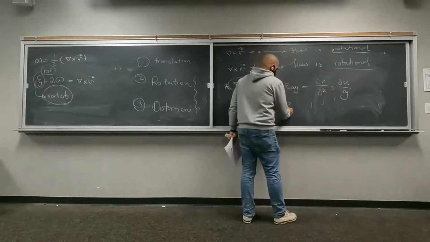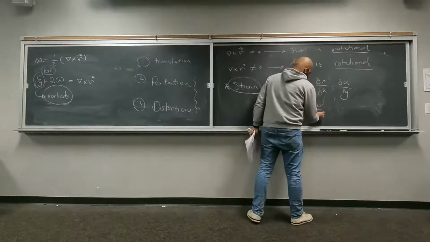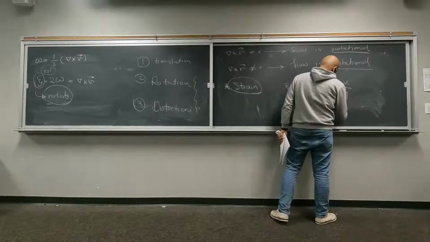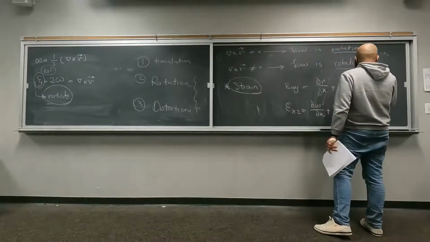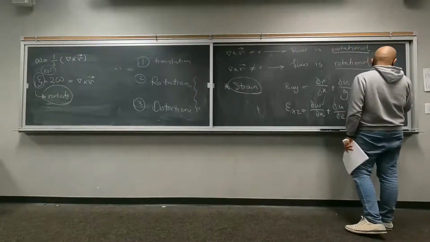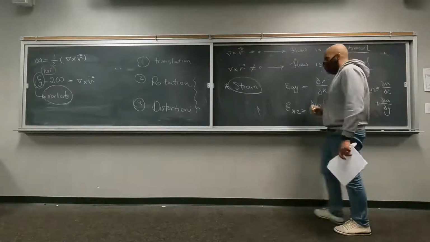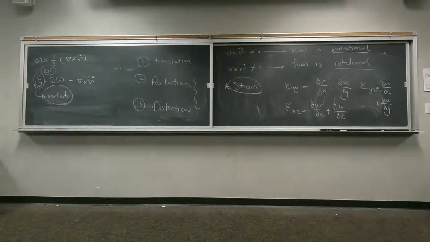Strain in the xz plane is going to be equal to partial w over partial x plus partial u over partial z, and strain in the yz plane is going to be partial v partial z plus partial w partial y.